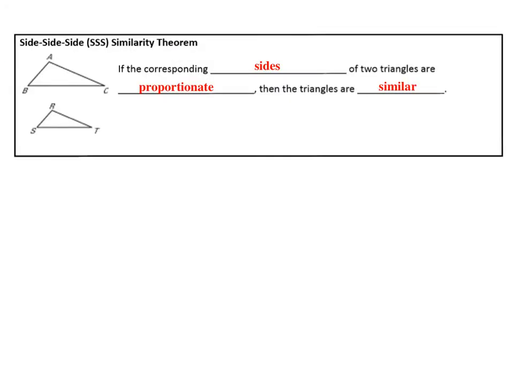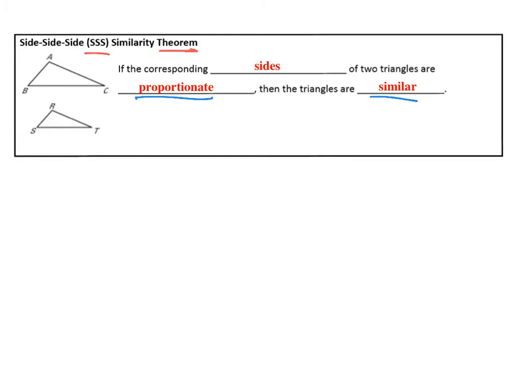Next part of the notes brings us to our first theorem. In this case, I'm just referring to the side lengths. The angles don't matter. As long as I can show that all three sides are proportionate, I'm going to know that my triangles are similar. Essentially what I'm trying to do is set up a proportionality statement and show that it's equal.